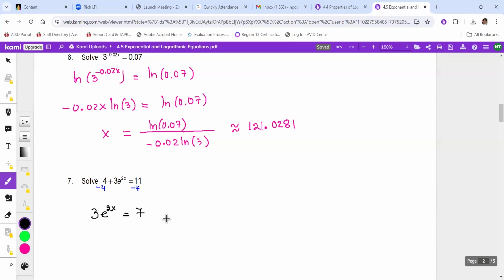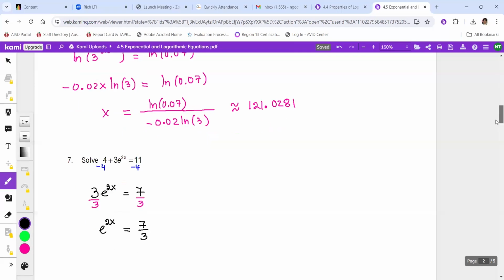But of course, we still cannot take log right away because we need to isolate e to the power of 2x by itself. So I'm going to divide both sides by 3. Now we're left with e to the power of 2x, the base is e and the exponent 2x by itself, and on the right-hand side, we have the fraction 7/3.